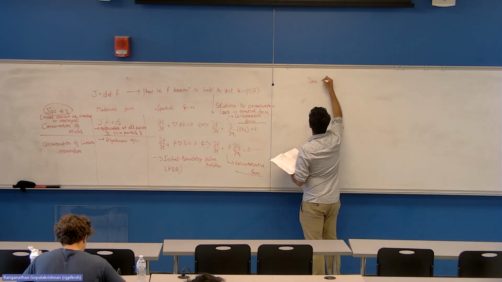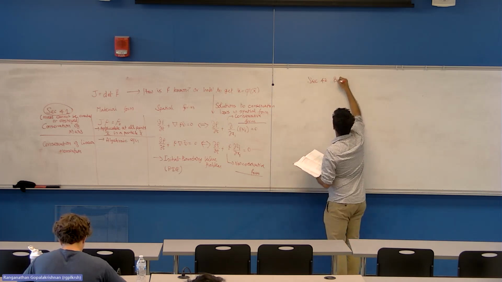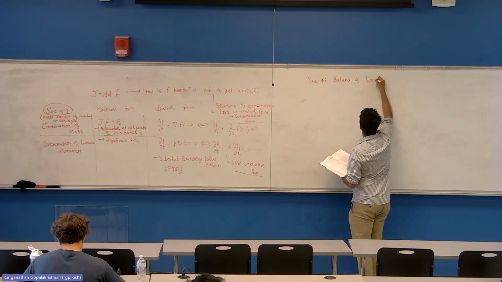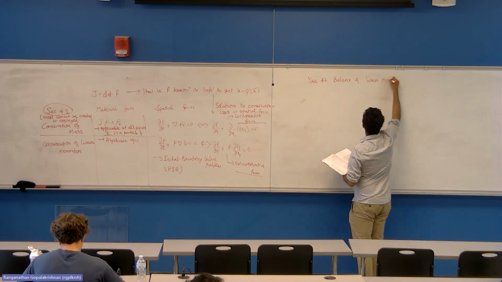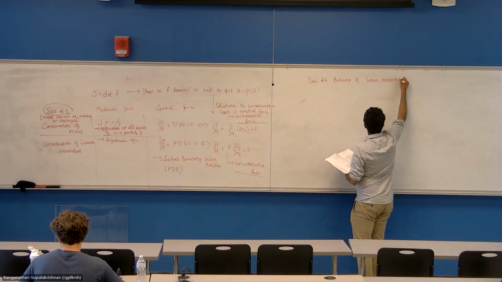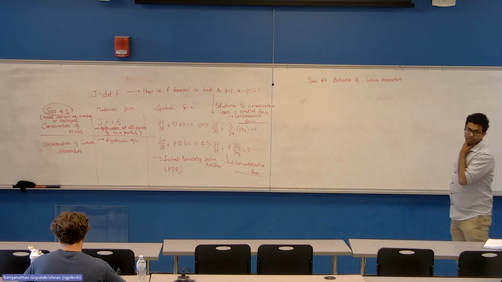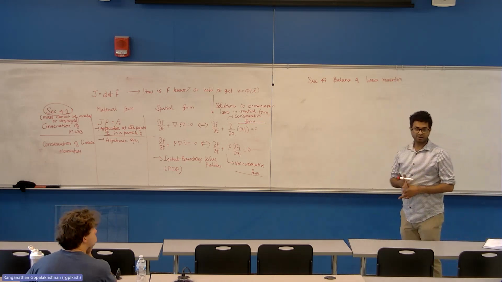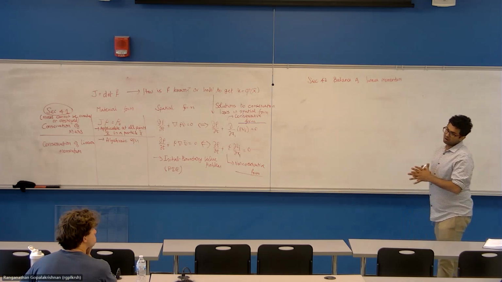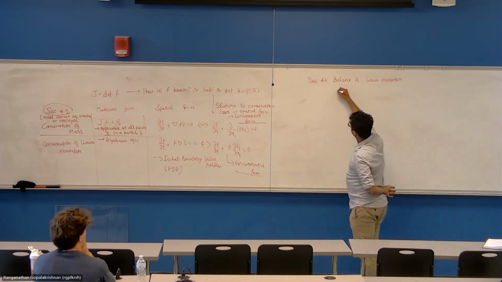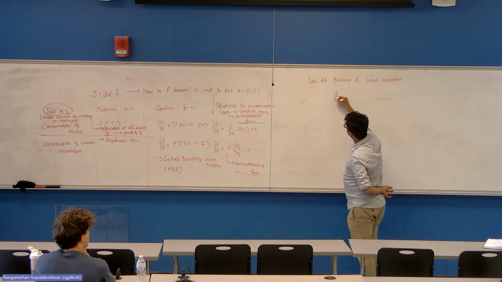Section 4.2, balance of linear momentum. Okay, what do you know about balance of linear momentum? What do you know about your Newton's second law? Body in motion tends to stay in motion.